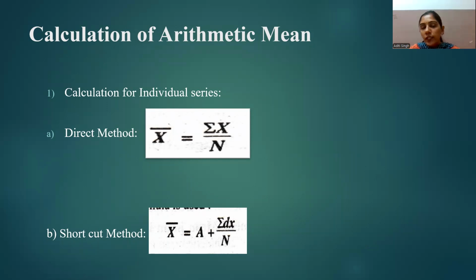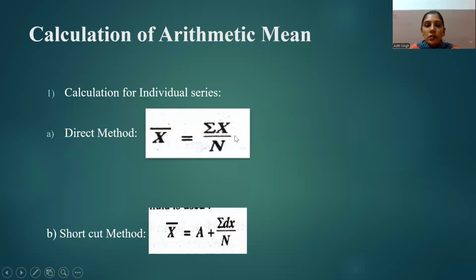As we have already understood what an individual series, a discrete series, and a continuous series are, now we will calculate the mean according to the given series, and by both these two methods, the direct method and the shortcut method.